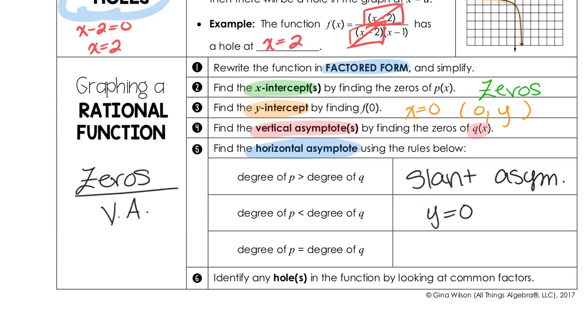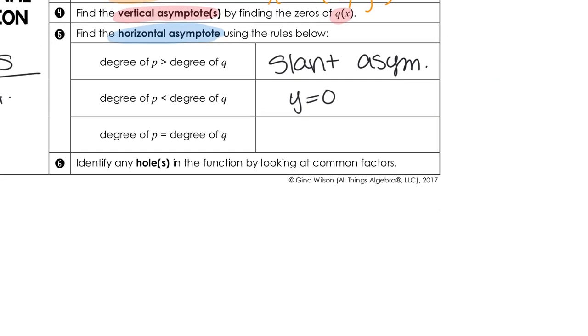When the two degrees in the numerator and the denominator match, so for example, x squared and 3x squared, or 5x to the fourth and 2x to the fourth, all of those exponents are the same, then we're looking at a horizontal asymptote found by comparing the coefficient of p to the coefficient of q.